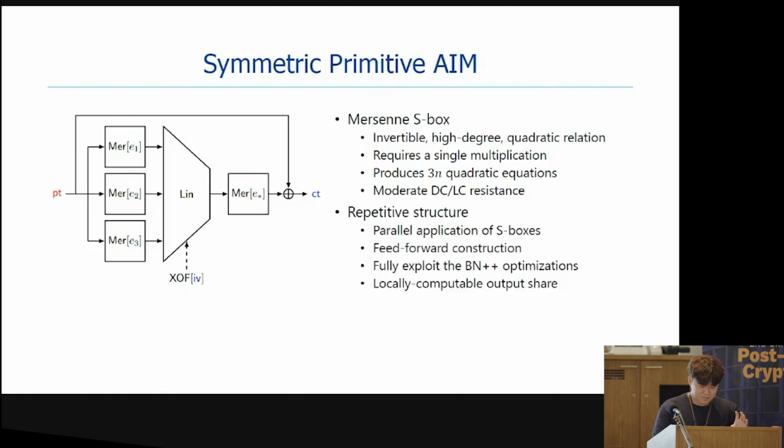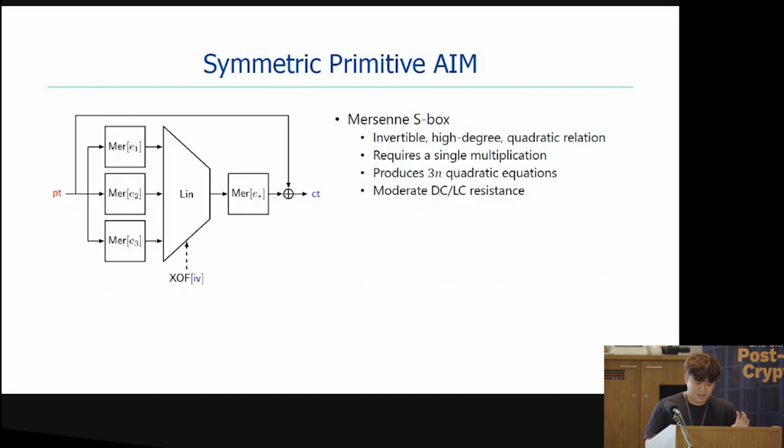So it requires a single multiplication to check. And we found that Mersenne S-box for some valid parameters produces only 3n quadratic equations, and it has moderate DC-LC resistance.